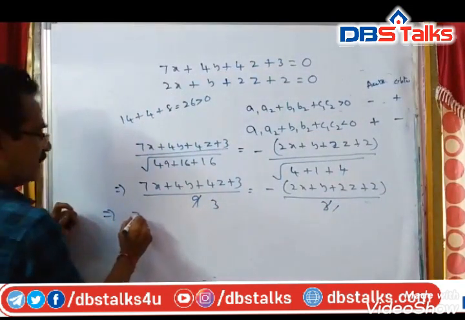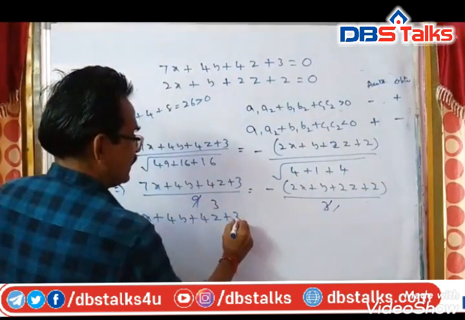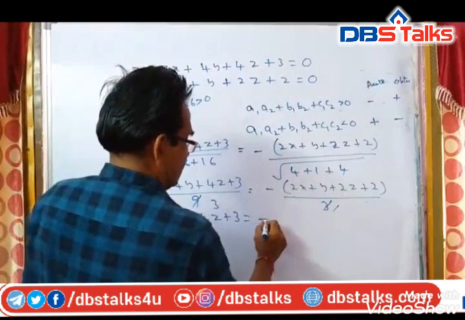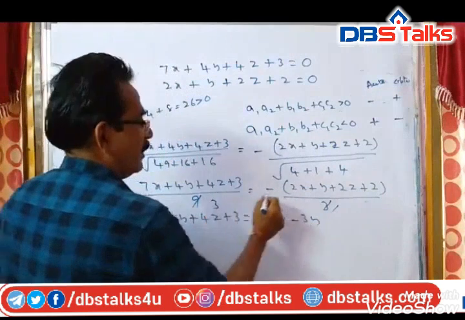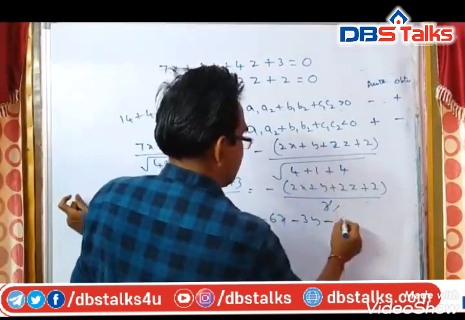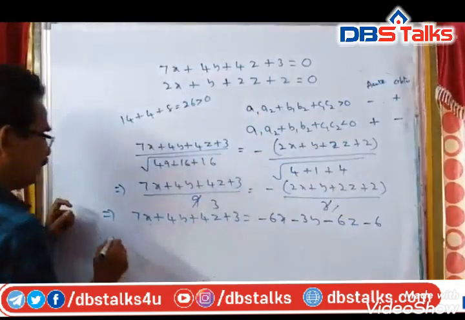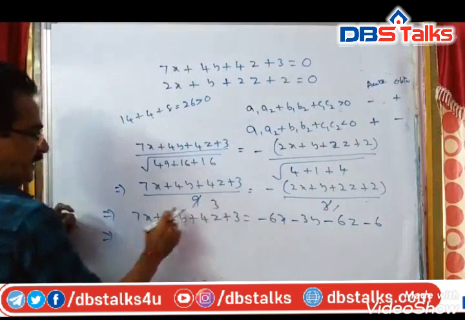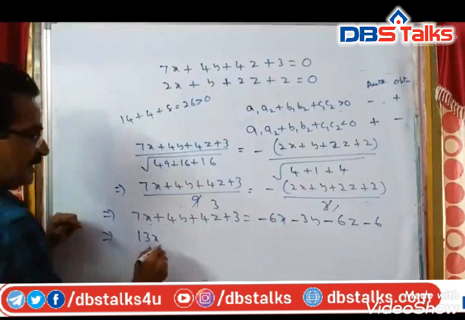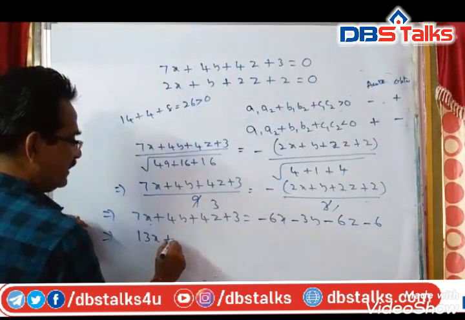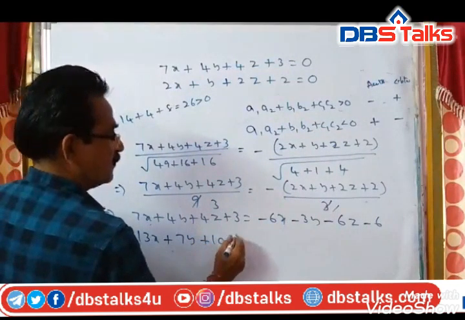So it implies 7x plus 4y plus 4z plus 3 is equal to minus 6x minus 3y minus 6z minus 6. Now it implies 7x minus 6x, 13x, 4y plus 3y, 7y, 4z plus 6z, 10z, 3.